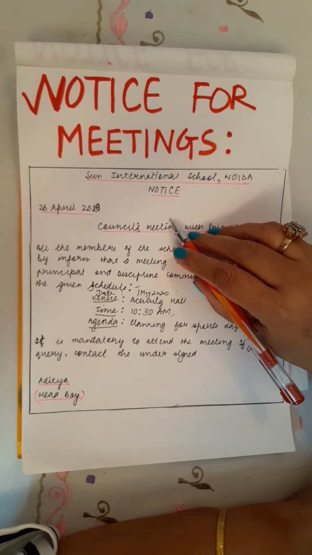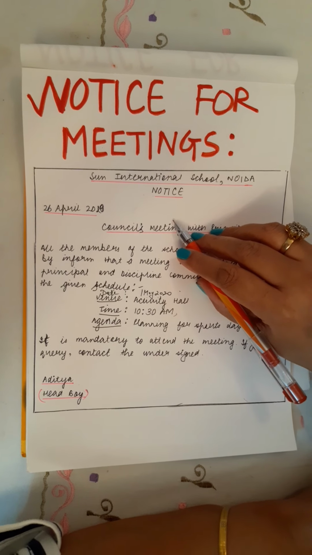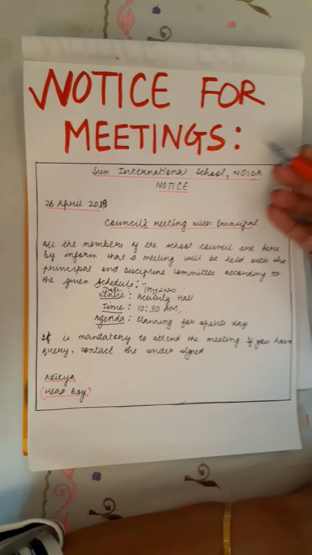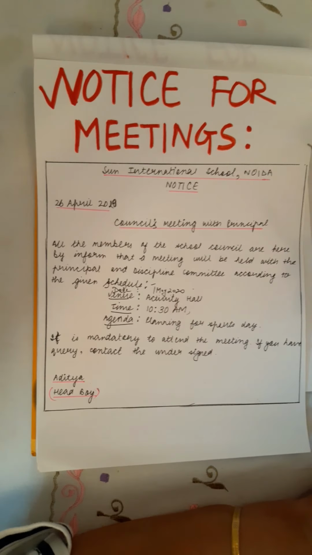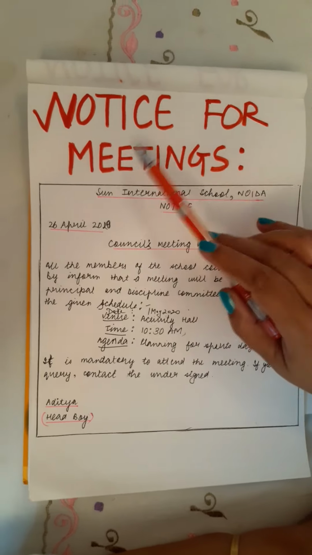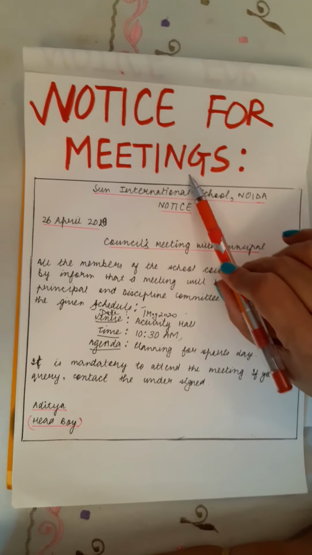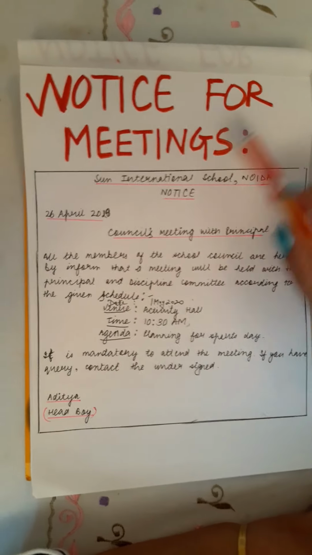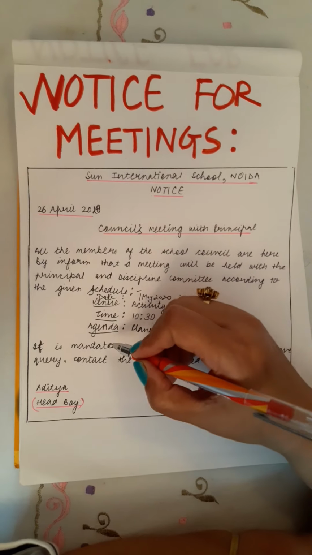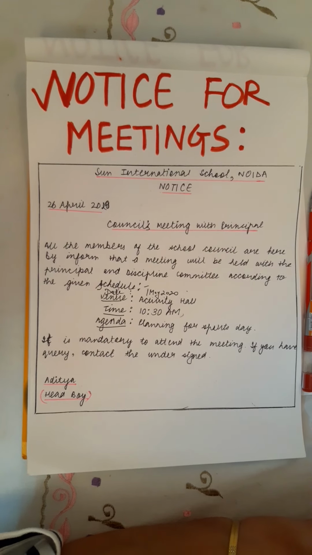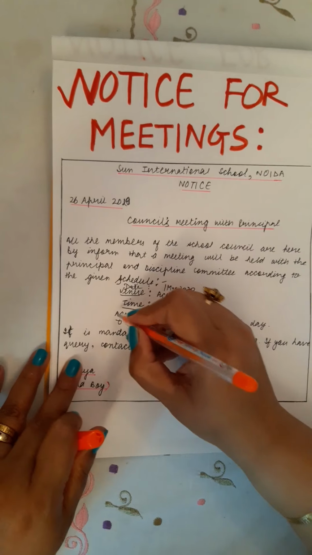So next, the last kind of notice as far as your syllabus is concerned. This is notice for meetings. The only difference in this kind of notice is your agenda.